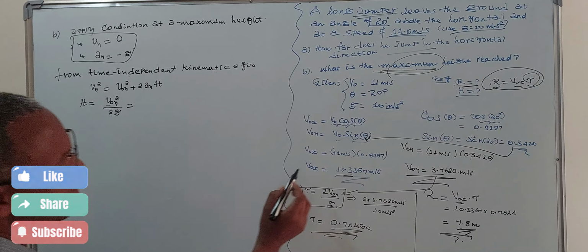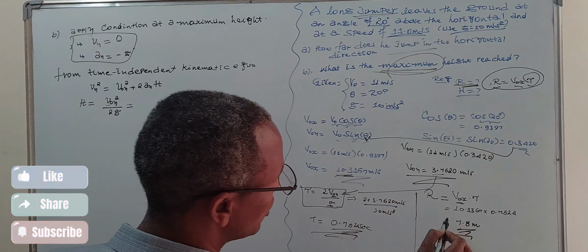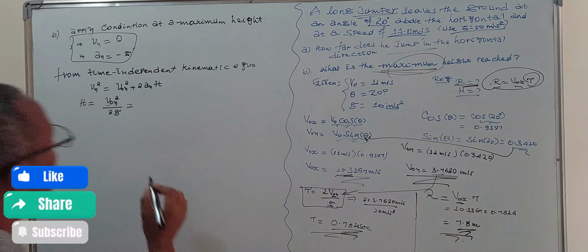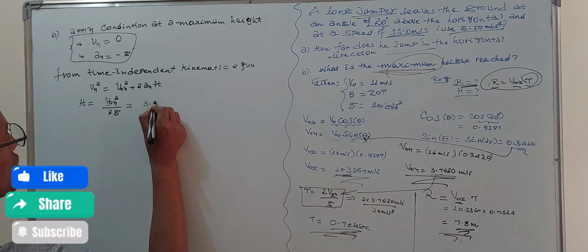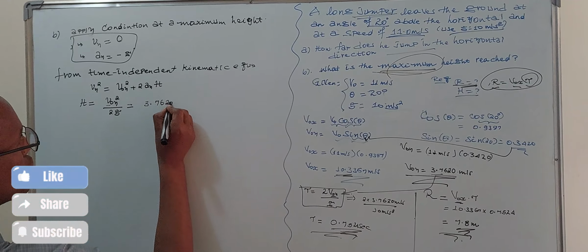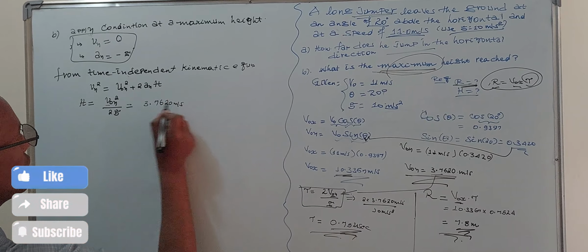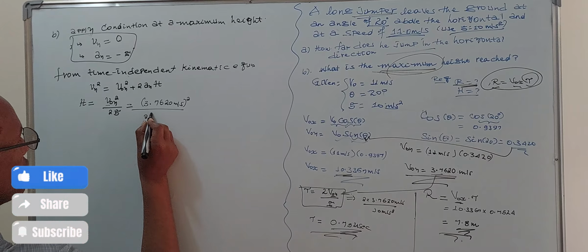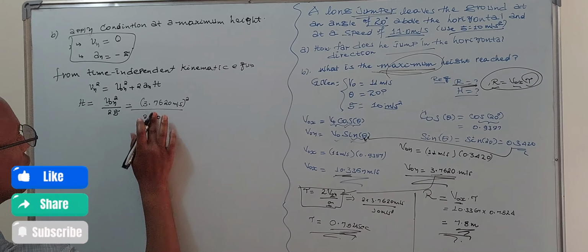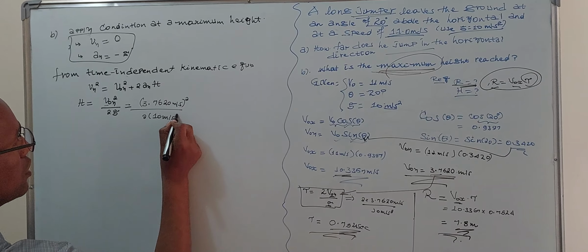As you know, Vy is over here, which is equal to 3.7620 meter per second, the whole square, over 2 times the acceleration due to gravity, which is 10 meter per second square.